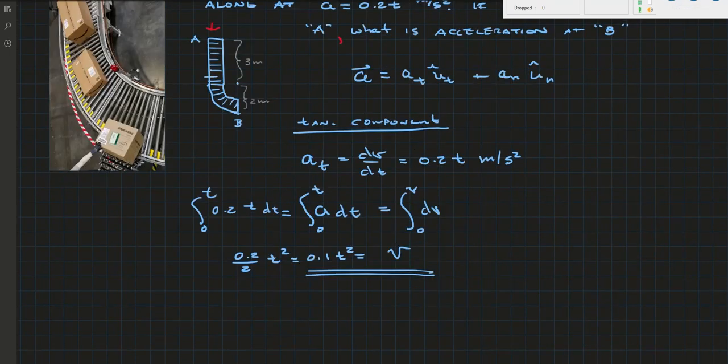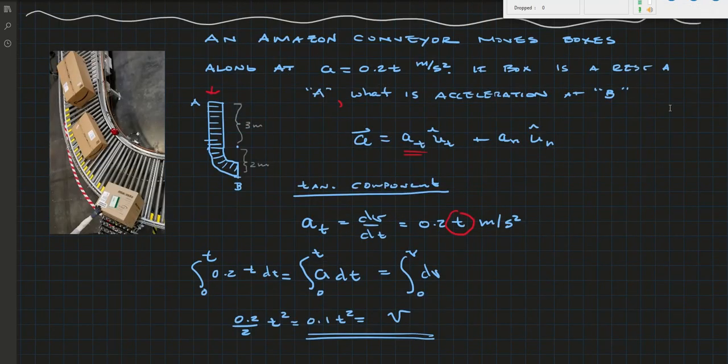So what was the point of this? The reason is because with our tangential acceleration, our first component here, we want to figure out what t is. Actually, up here I should have called this a sub t.